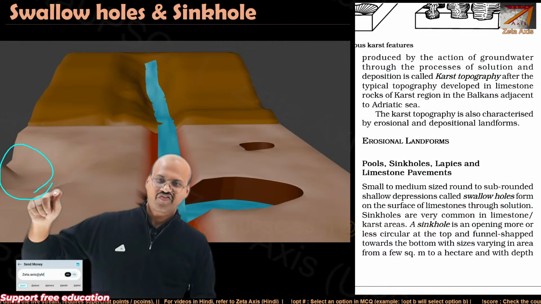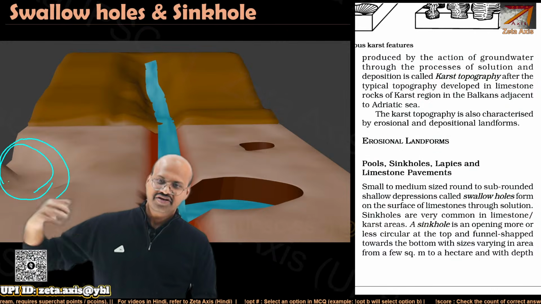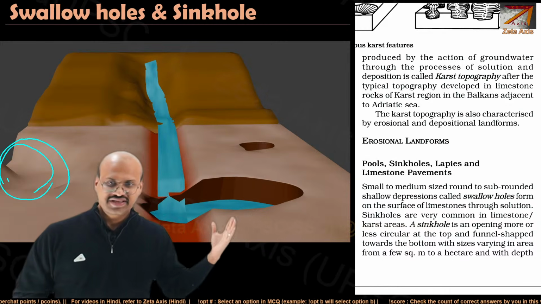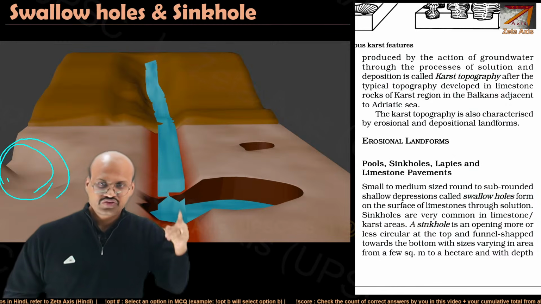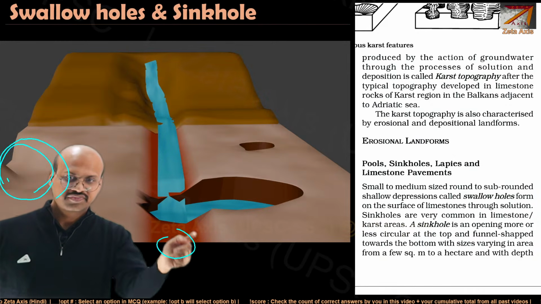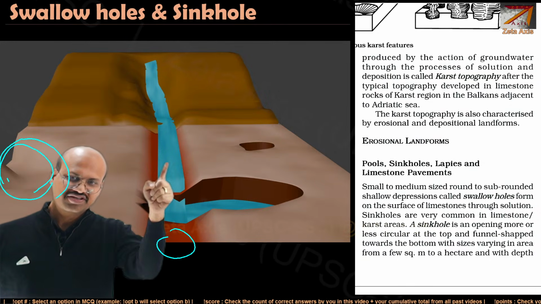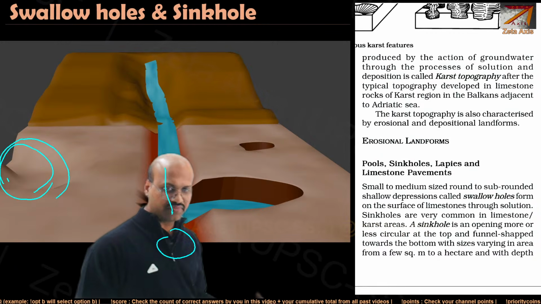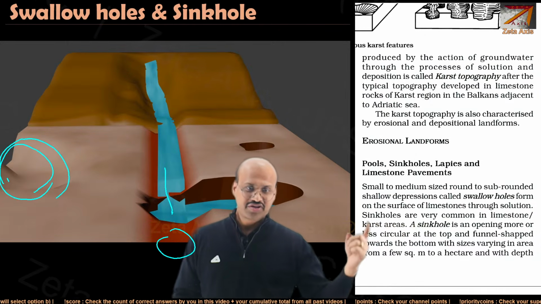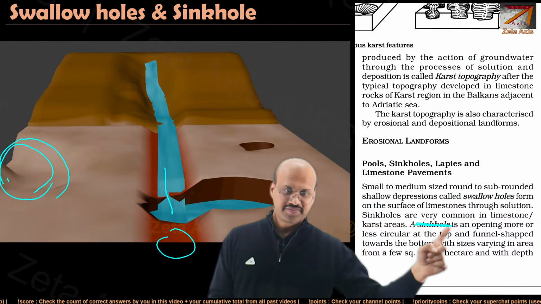There is a very wide region which has been removed. Here you can see that this hole has become very large, and the stream which was flowing through here, instead of flowing through here, the stream water falls in that hole and disappears. So that is why you can call it a sinkhole.